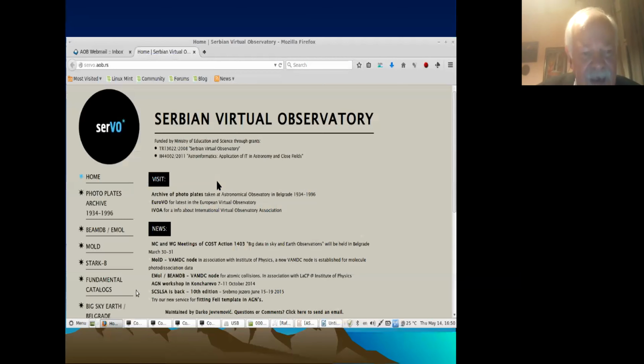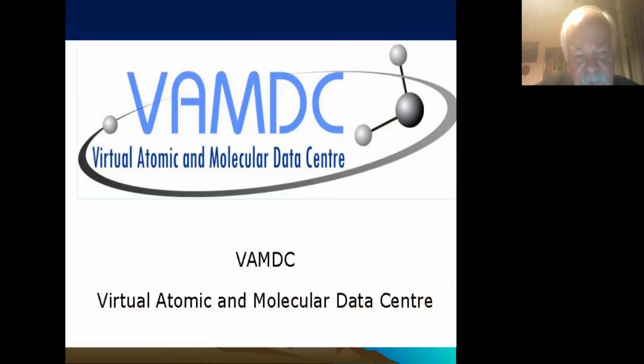And also you can search StarkB through the Serbian Virtual Observatory, because there is a link to StarkB, and this database enabled us to enter the first Framework 7 project in astronomy, the creation of the Virtual Atomic and Molecular Data Center, which is working, and now I am also on the board of directors of this, and Darko Jevremović is on the scientific advisory board of this project.